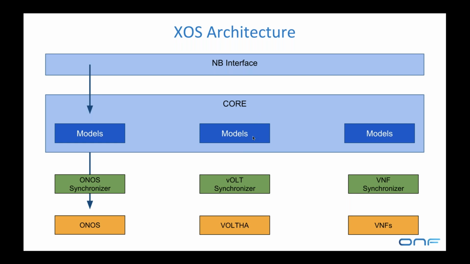We create a model in XOS, and the synchronizer is capable of translating that model to a call into Voltha. And again, the important thing is that we have a layer of abstraction in the models, between the models and the synchronizer, in such a way that if we want to replace ONOS with another SDN controller, our models will remain absolutely the same. Nothing will change for the operator. We'll have to write this translation mechanism, which is the synchronizer, in order to adopt a different backend.